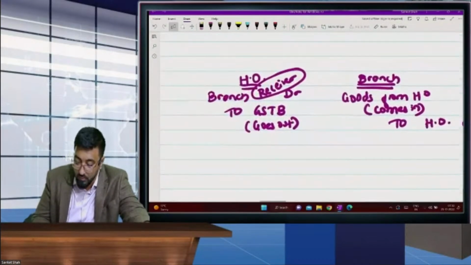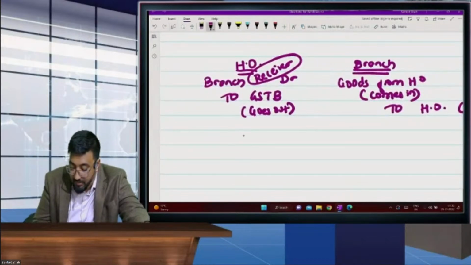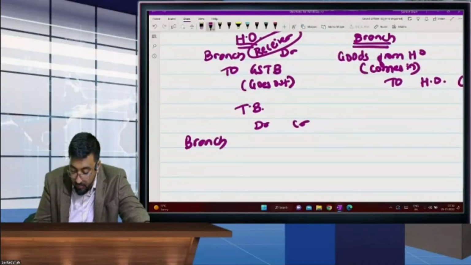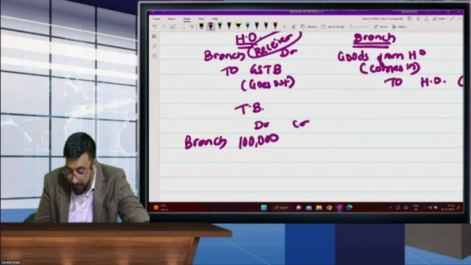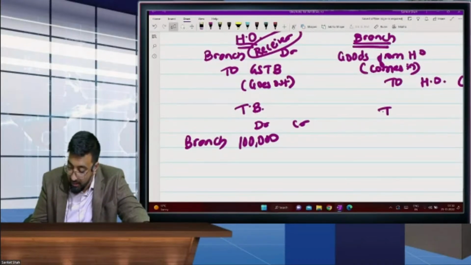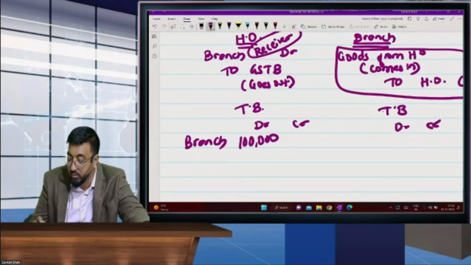Now, if HO opens trial balance, in trial balance, branch, suppose 1 lakh के goods है. Branch has a debit balance of 1 lakh. And if branch opens trial balance, now branch has not received this entry.